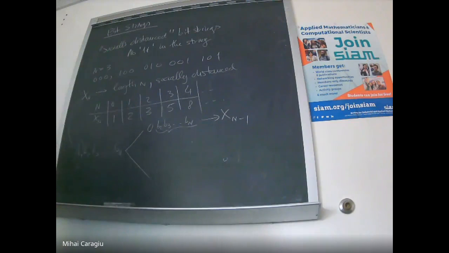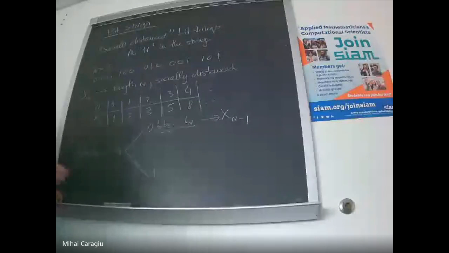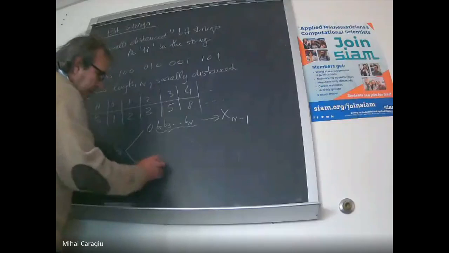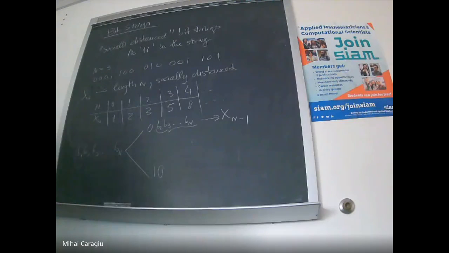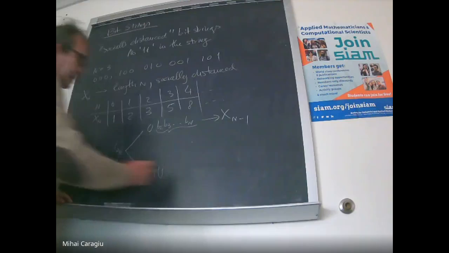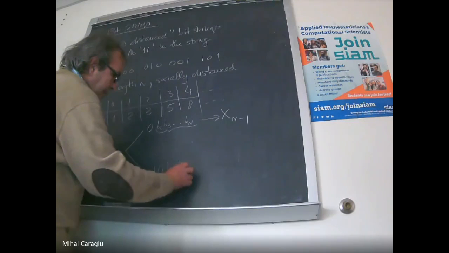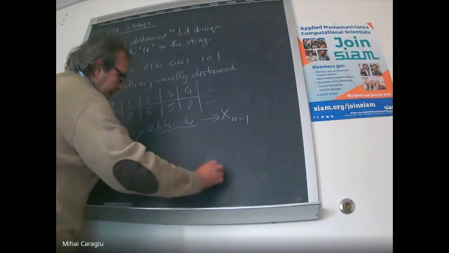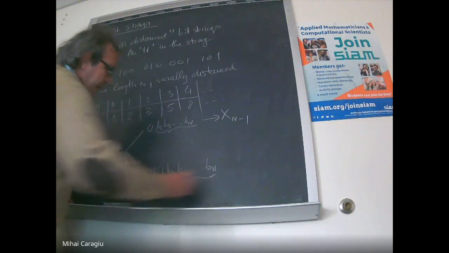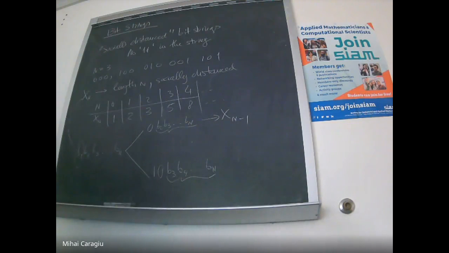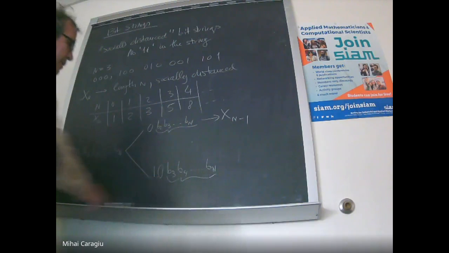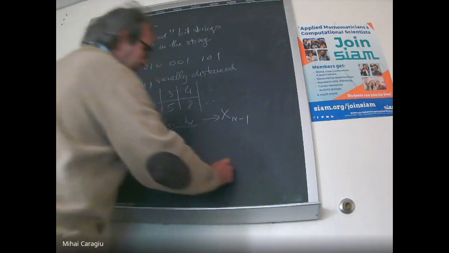Or the other case is that the first bit is 1, in which case the second bit must be 0 because the string is socially distanced. After 1 and 0, every choice will do. So we put b_3, b_4, all the way through b_n, and the number of socially distanced bit strings of length n that begin with 1 and 0 is x_{n-2}.